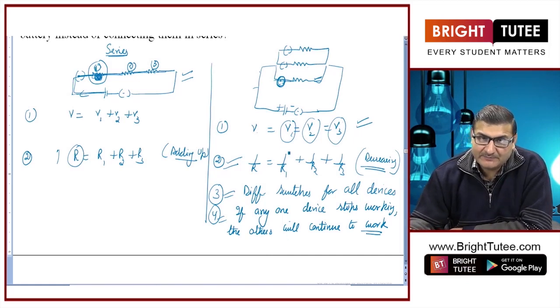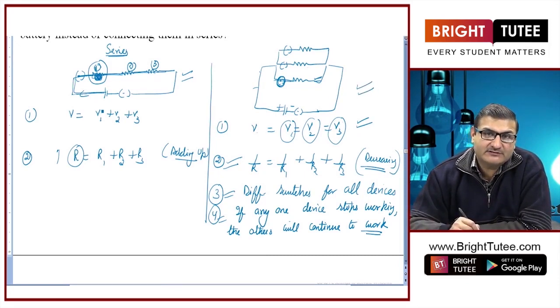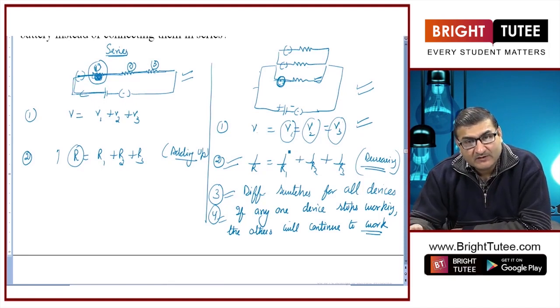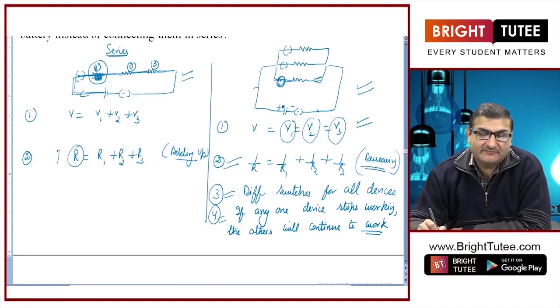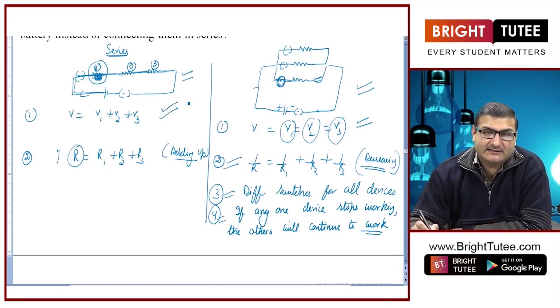Second, this may be asked as, what are the advantages of connecting the devices in parallel combination as compared to series? Of course, the same. Or the same may be asked in different words, that what are the disadvantages of series connection?